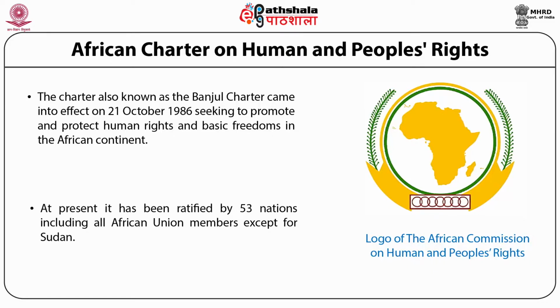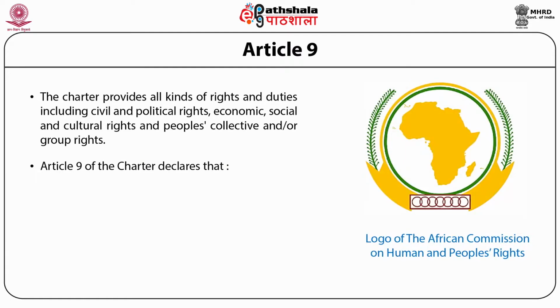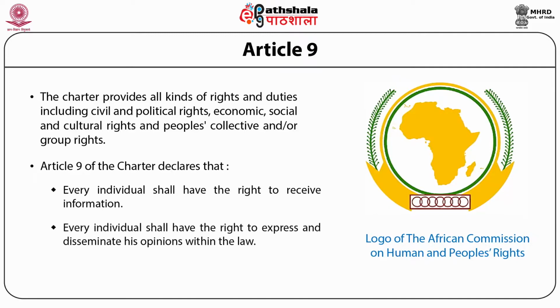It remains to be seen when that troubled country will actually ratify the convention. Article 9 of the African Charter declares that every individual shall have the right to receive information and every individual shall have the right to express and disseminate his opinions within the law. Again, that old restriction, it has to be within the law.